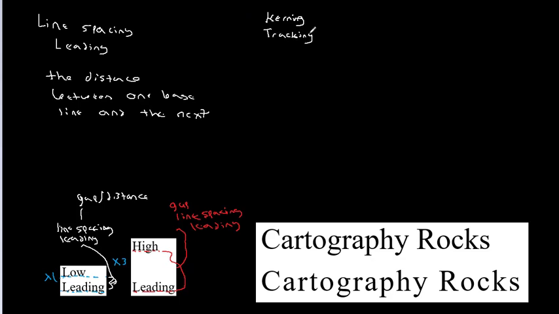And they do mostly the same thing, but they work slightly differently. So what kerning does, we'll focus on kerning first. Kerning keeps track of the space between each individual character in the word.